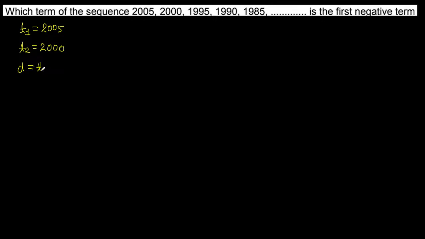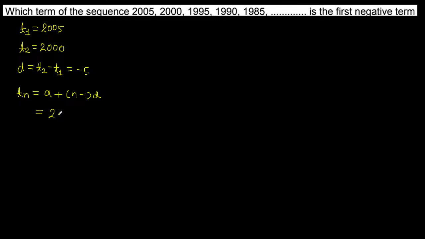T2 minus T1, which is minus 5. Now we will find Tn, which is A plus (n minus 1) into D.